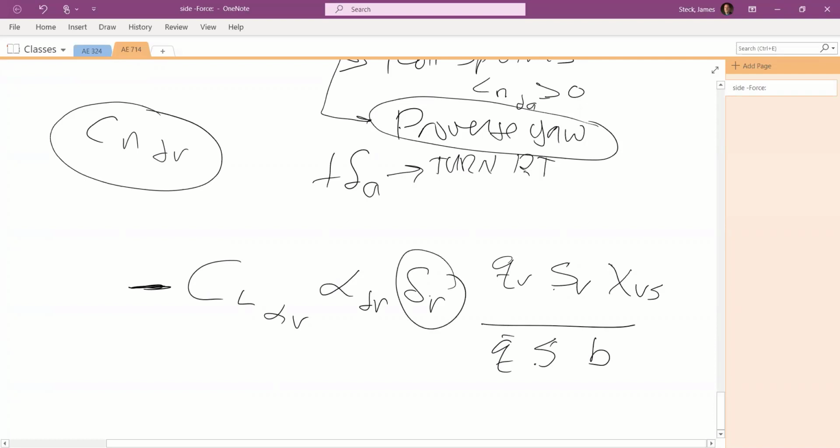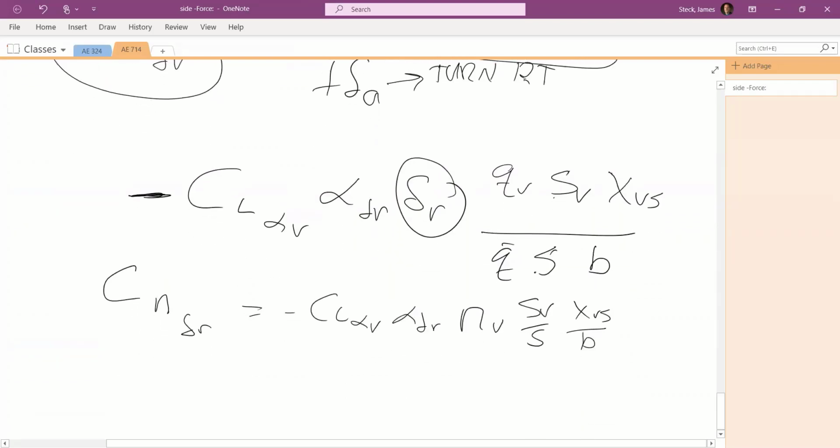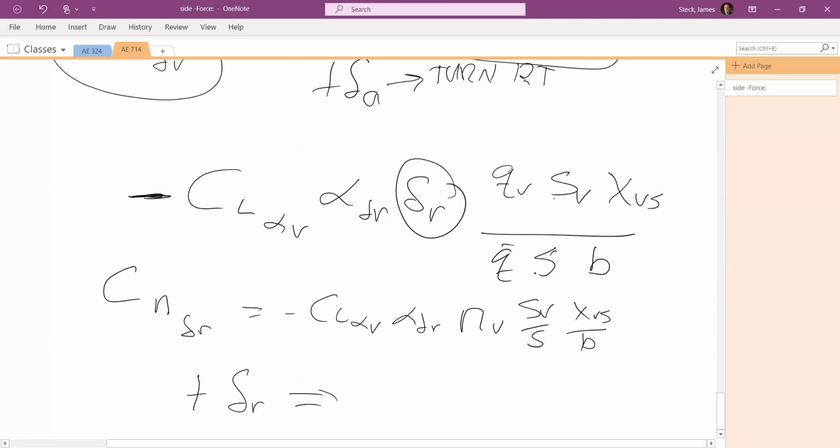Everything that multiplies the rudder, we collect together, and that's what we call Cn delta R. So key feature here is positive rudder produces negative yaw.